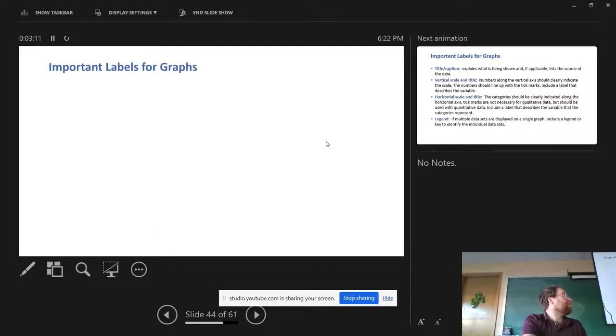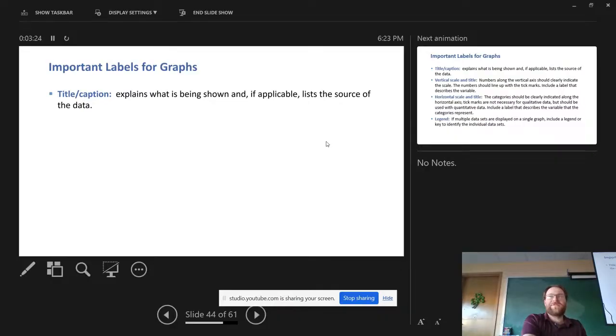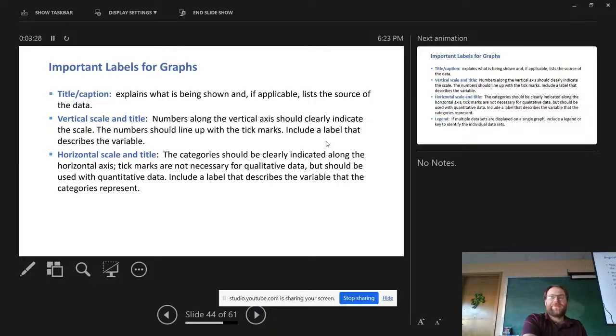But no matter what type of graph you choose, you're always going to need these pieces. A title or a caption explains what you're showing, and if necessary, where the source is of the data. A vertical scale and title and a horizontal scale and title.